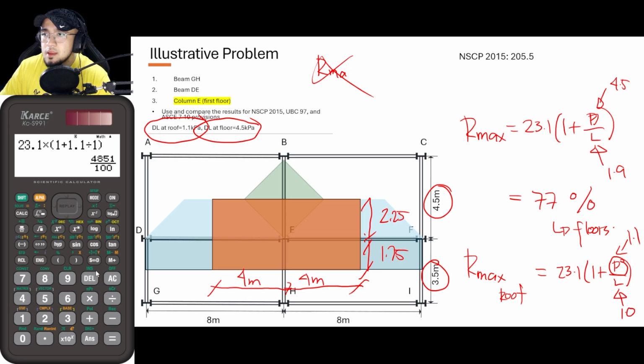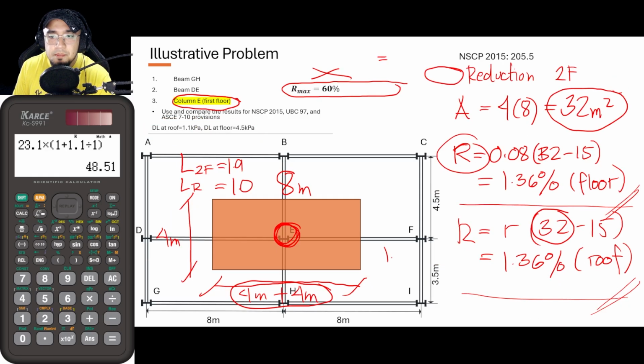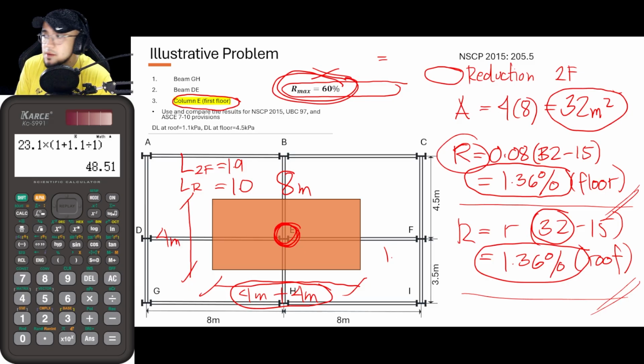So from that, the maximum for the roof is 48.51. Okay? And as you can see, pasok sila. This is less than 77% and 60%. Itong 60% na to. And for this, mas mababa din po siya sa 60%, pati yung sa 40% na nasa calculator ko ngayon. Okay? So from that, yan na po yung gagamitin natin na reduction factor.